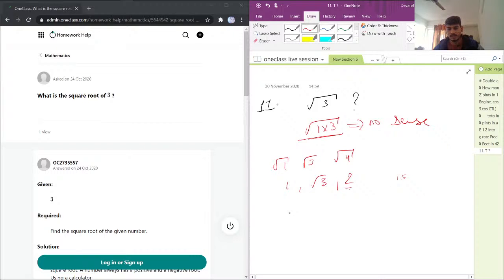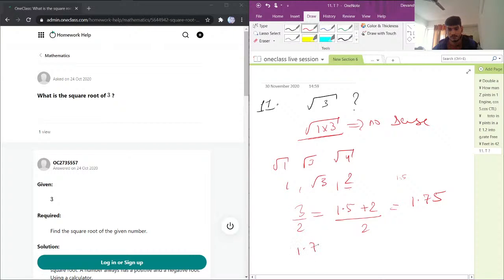So I will take 2, which will be 1.5, then I will add it with 2, and then divide it by 2. 2 plus 1.5 divided by 2 is 1.75. Let's see the square of 1.75.